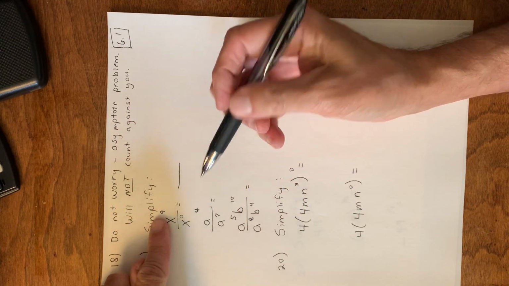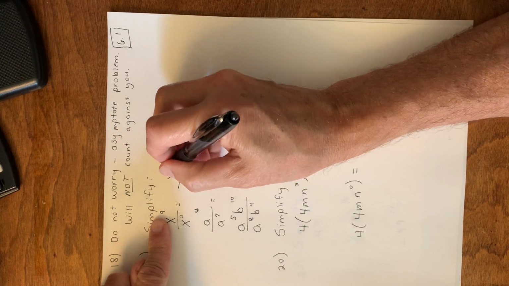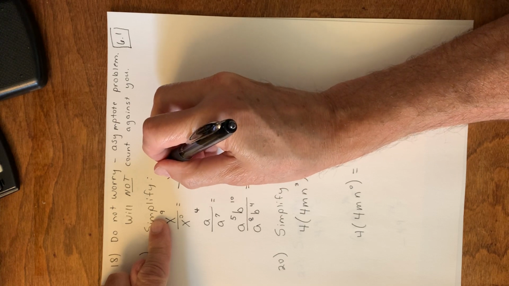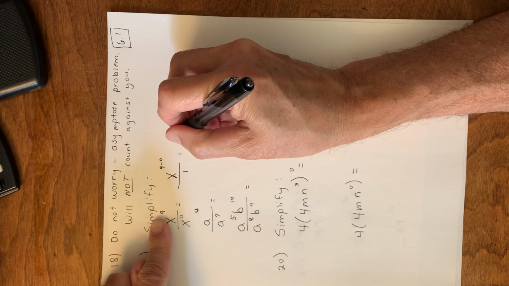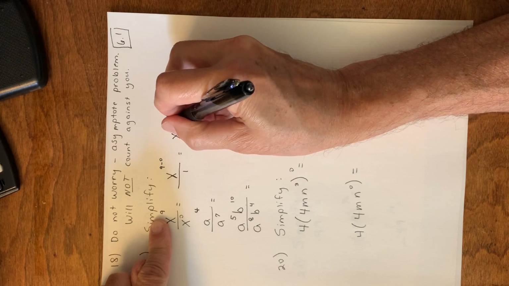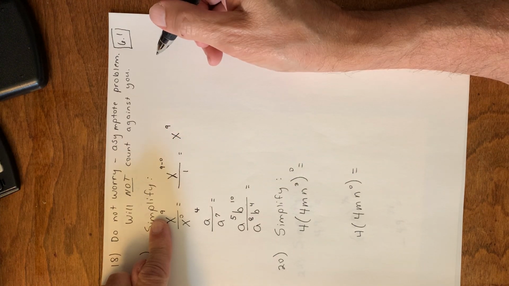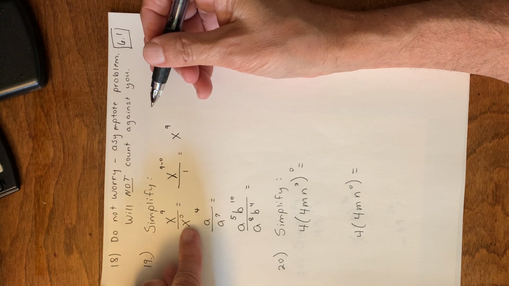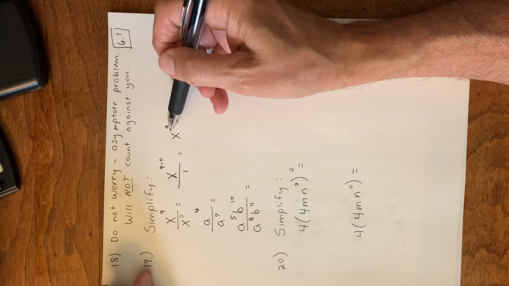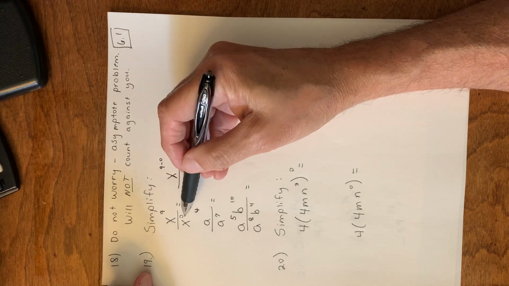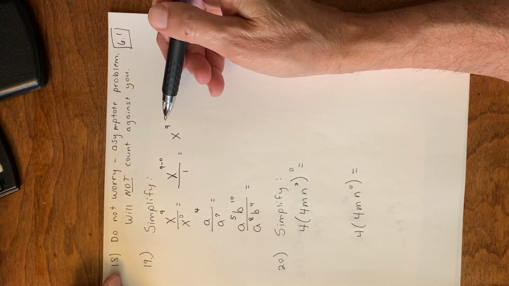The larger exponent in this case is in the top, the numerator, so it's going to be 9 minus 0. So I just get x to the 9th. Hey, another way you could think of it is x to the 0 is 1. Anything divided by 1 is just going to be the anything. So x to the 9th divided by 1, x to the 9th.